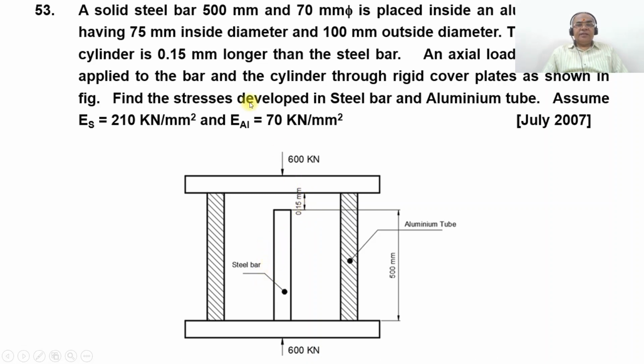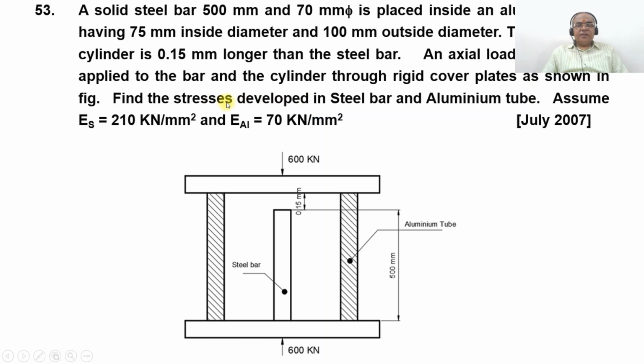Here the diameter of the steel bar is 70 mm. The inner diameter of the aluminum tube is 75 mm and the outer diameter of the aluminum tube is 100 mm. And the axial load of 600 kN is applied on the bar and the cylinder through a rigid cover plate. So this is the rigid cover plate.